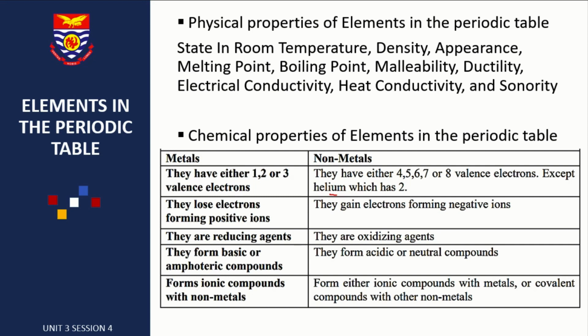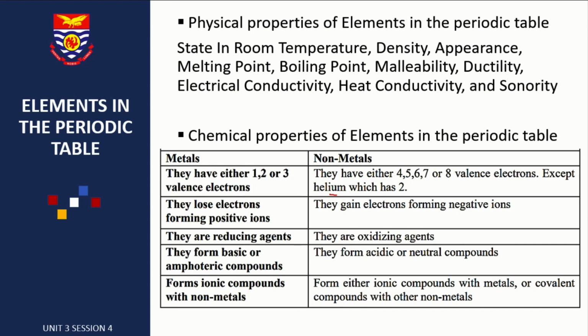Secondly, metals lose electrons forming positive ions, and the nonmetals gain electrons forming negative ions. The metals are reducing agents, and the nonmetals are oxidizing agents.